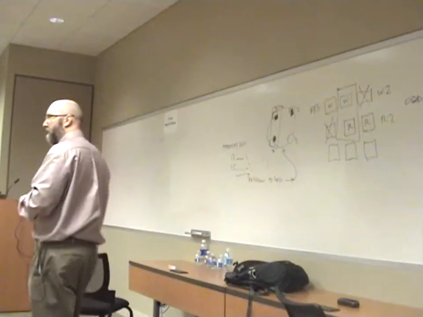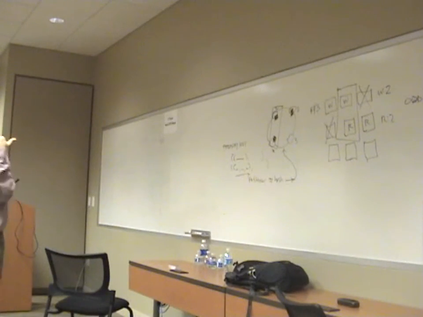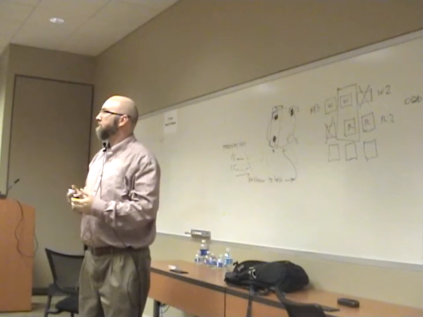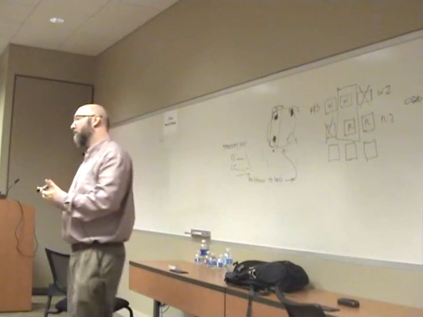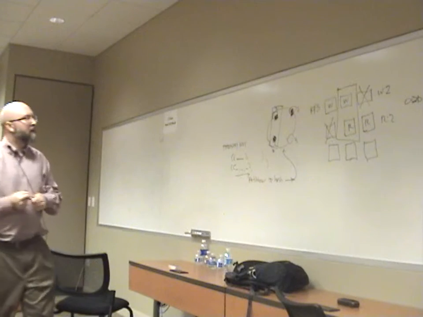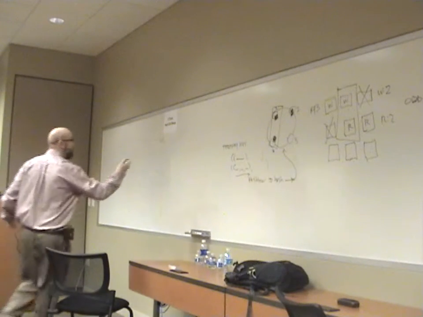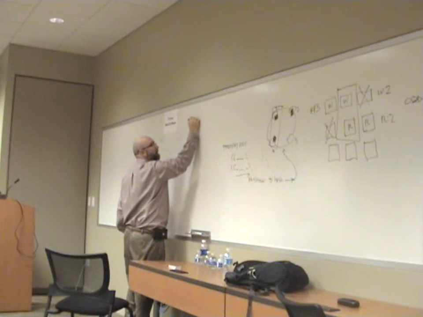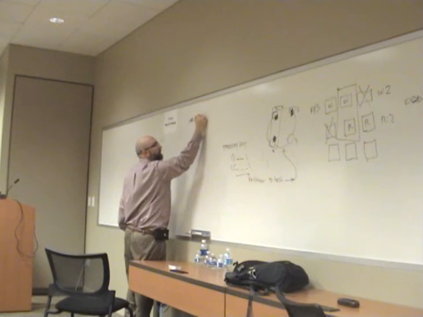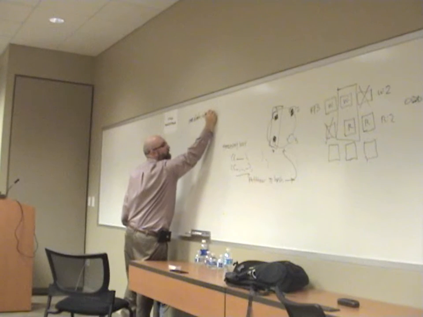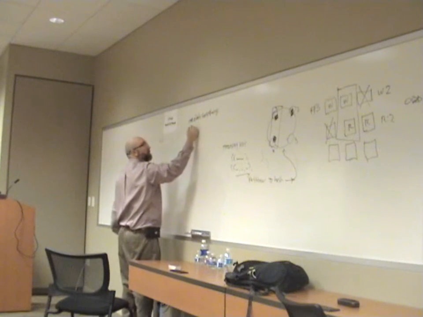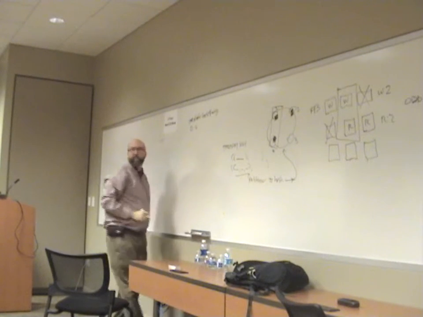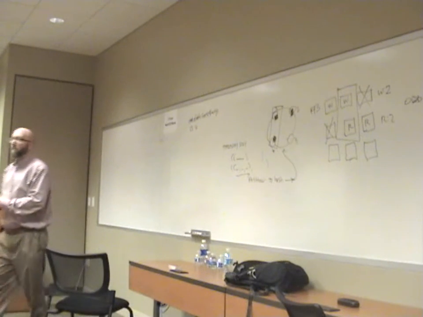And the way you specify immediate consistency in this way is by saying, I want to use consistency level quorum. So to be clear, immediate consistency in Cassandra means consistency level quorum.